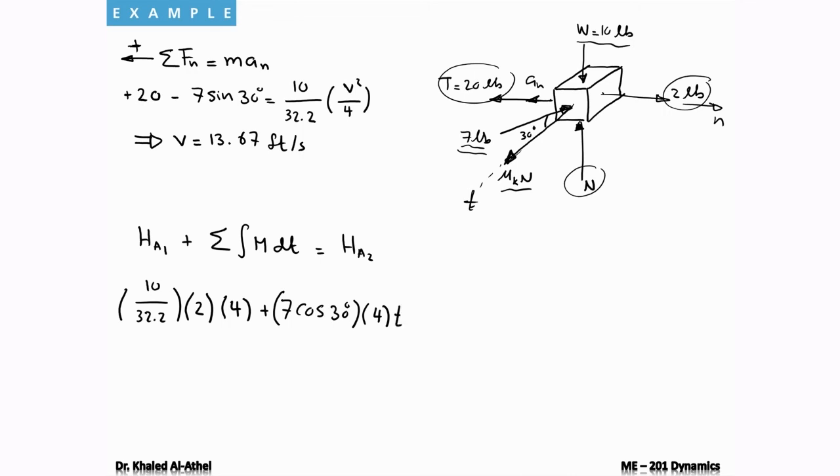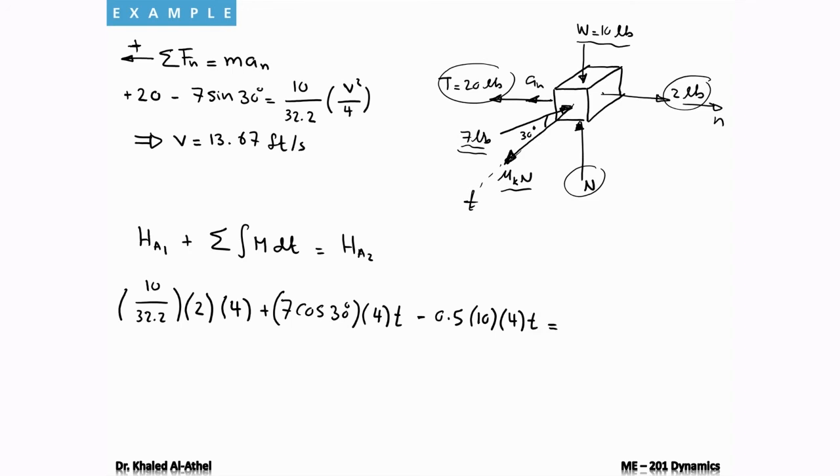Multiplied by the time. Then friction is opposite to the motion, so it's minus friction coefficient 0.5 multiplied by the normal force, which equals the weight in this example. So 0.5 multiplied by 10. This is the force. Multiplied by the distance to make it a moment, which is 4. Multiply it by the time, which is t.